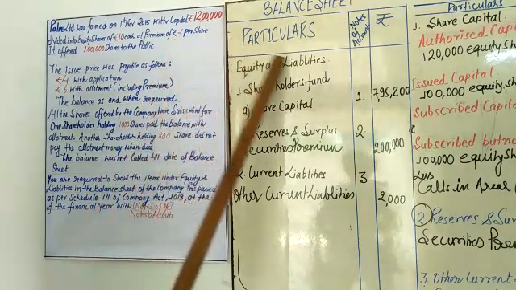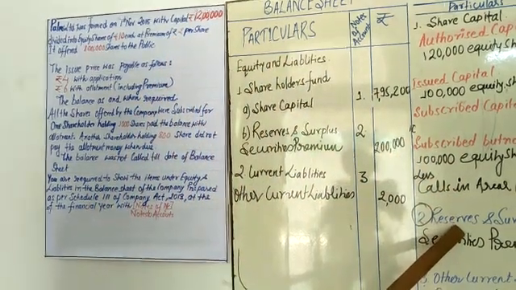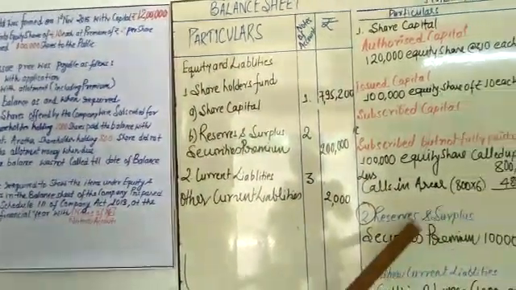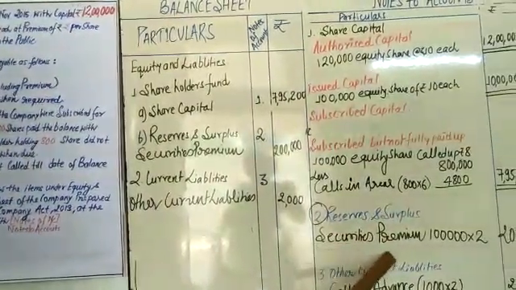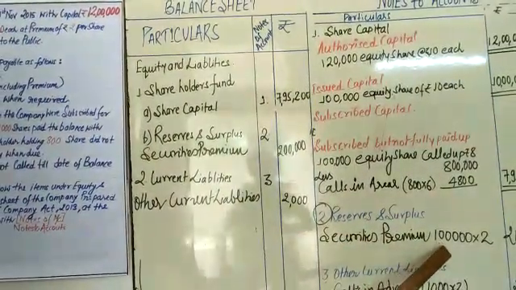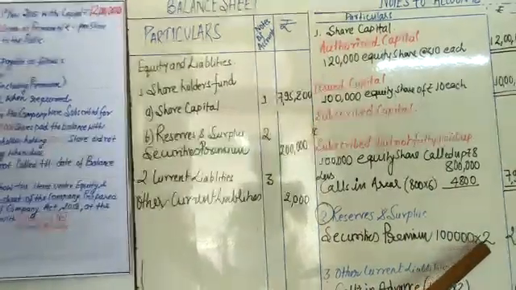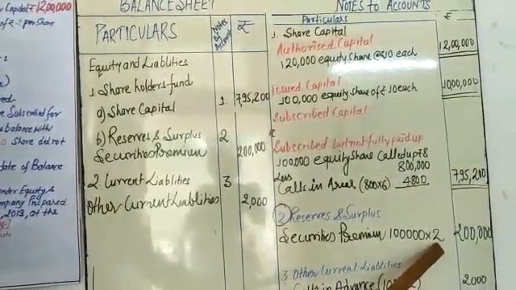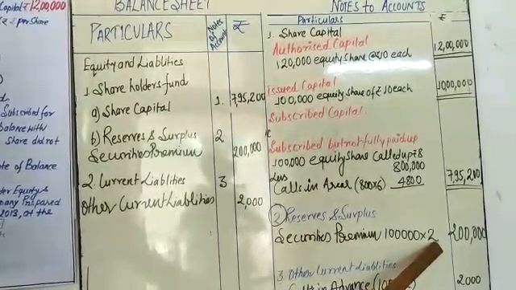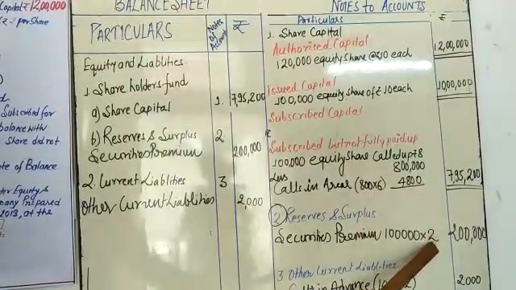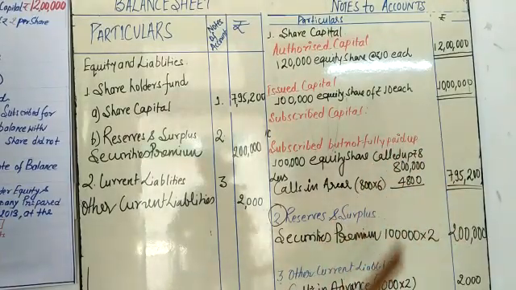So you have to show here another main head, reserve and surplus. Under this subhead, securities premium reserve, you already know the company issued 1 lakh equity shares. So at the rate of 2 rupees per share premium, that is called premium amount. You just multiply, 2 lakh rupees.